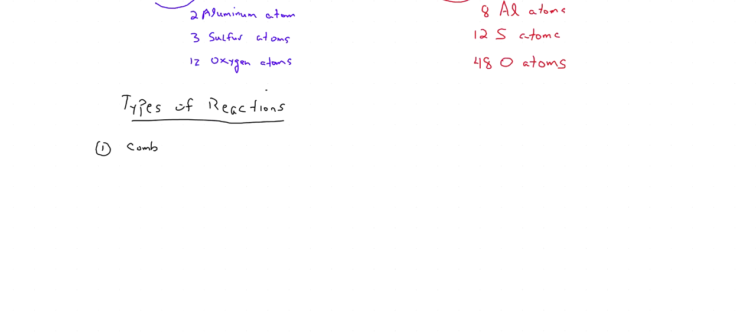You combine things, combination reaction. It's also called synthesis because you're synthesizing, you're making something. This is where you take some atom or molecule and you combine it with another, and they combine to make AB. This is called the synthesis reaction.